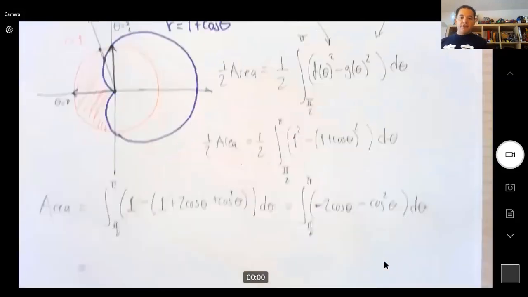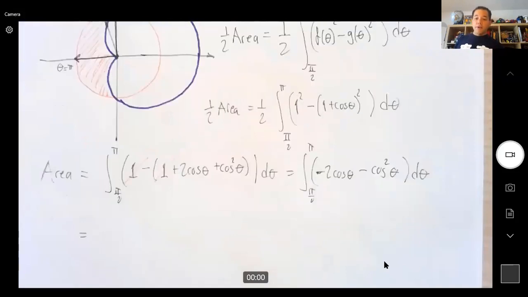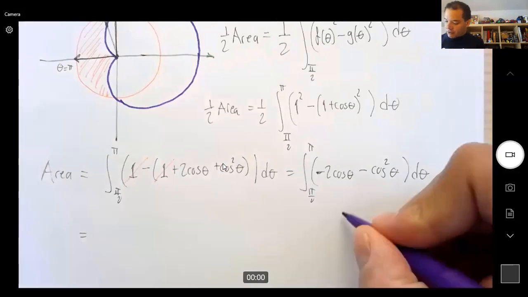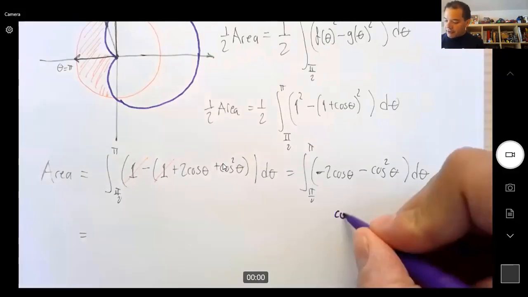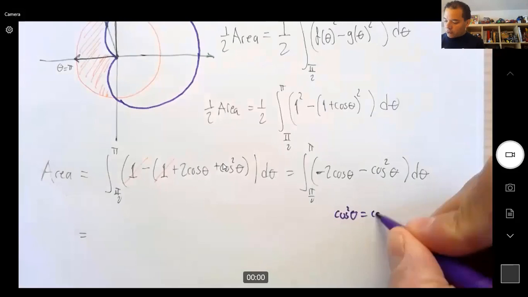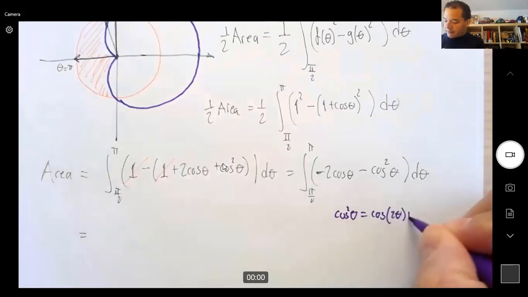And just as we did for one problem last class, the way we deal with cosine squared is by using the half angle identity. For the half angle identity, we need to write down cosine squared. We recall that cosine squared theta is cosine of twice the angle plus 1, divided by 2.